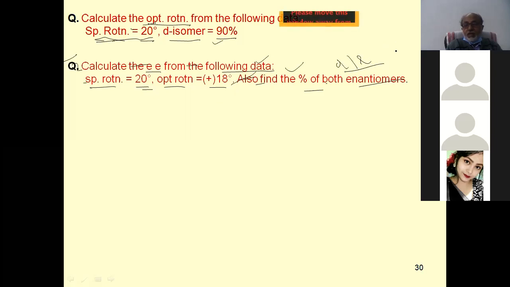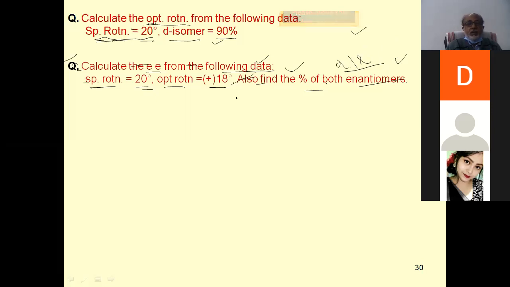I am not going to entertain such things. When I say tomorrow latest, it means tomorrow. Anybody giving after that, I will not check. Got my point? Yes, sir. These two questions you note down and submit to me by tomorrow evening latest.